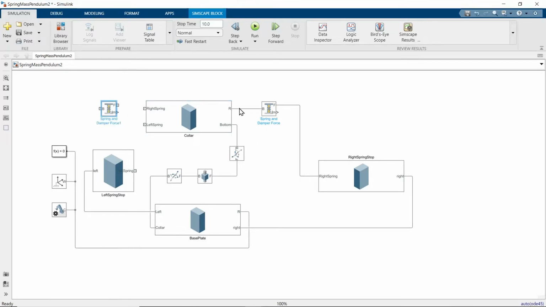Oh, okay, wait, I connected it to the center by accident. I should be connecting it to this right spring. Okay, let's name this right spring.